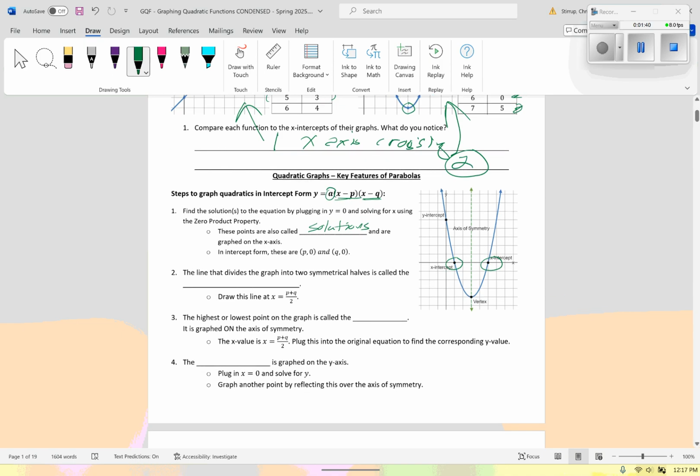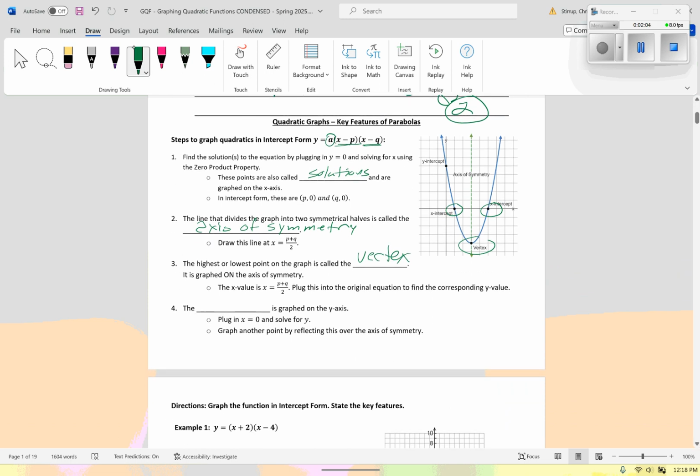So the line that divides these into two symmetrical halves is called the axis of symmetry, which is basically this line here. It's the line I could fold it over right on top of in order to get there. The highest or lowest point, so this would be the lowest point, is going to be called the vertex. It's also called the turning point on the graph.